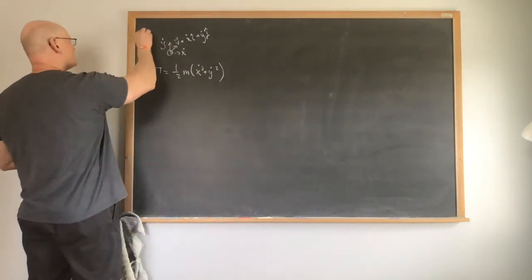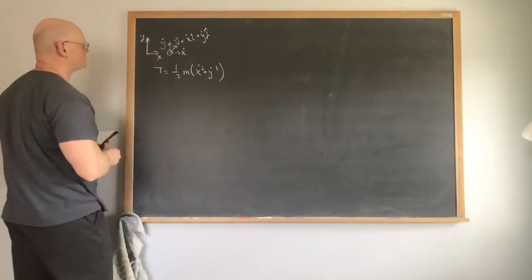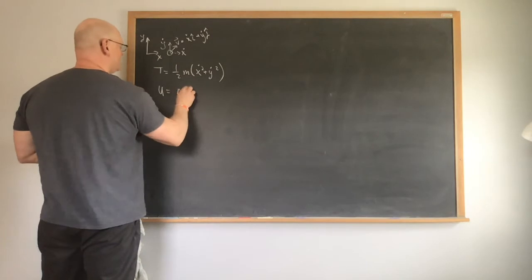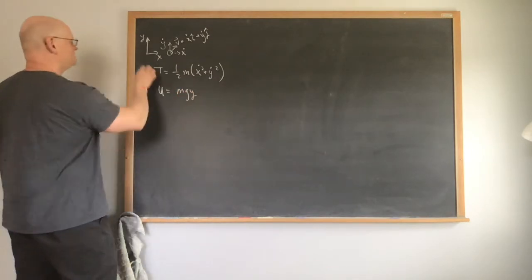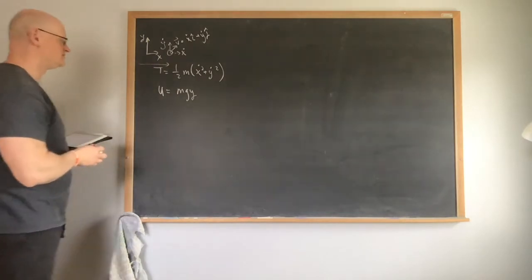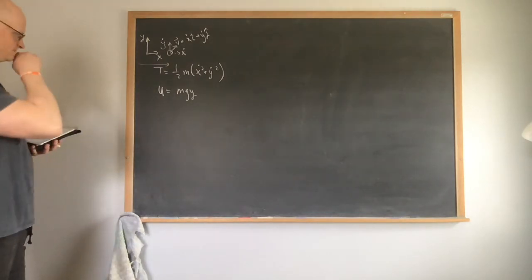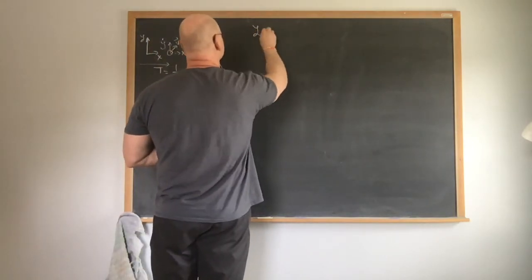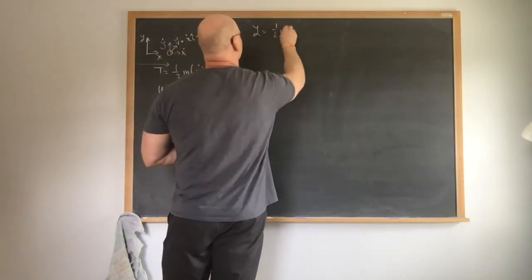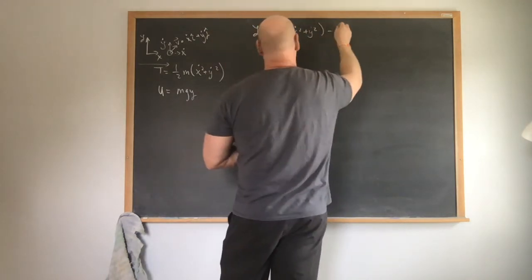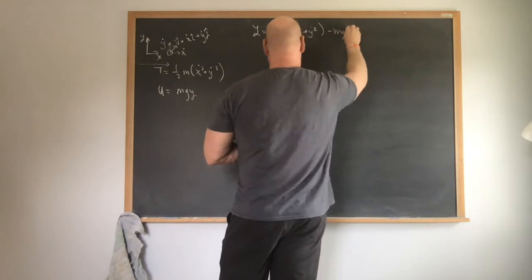Here this is the y direction, this is the x direction, and gravity is simply mgy, where we define the ground as the y equals 0 location. So good. From here, our Lagrangian is 1/2 m times x dot squared plus y dot squared, minus mgy.